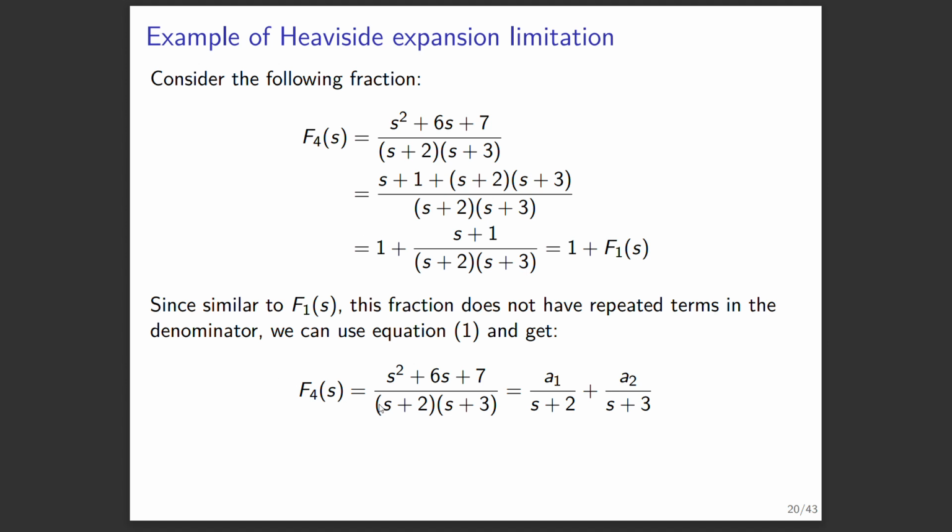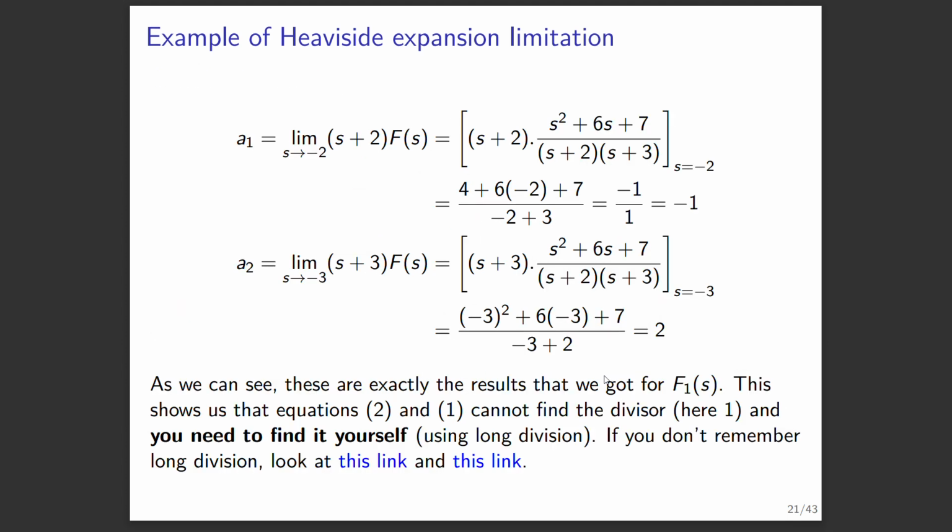Let's imagine we want to apply the Heaviside method to this fraction directly. I have s plus 2 and s plus 3 in the denominator, so there should be a1 and a2, and I want to find those. If I use the equations, a1 would be -1, and a2 would be 2.